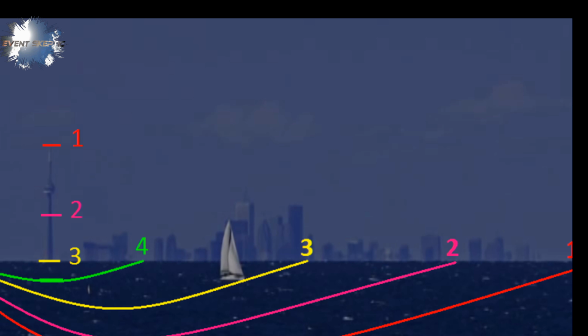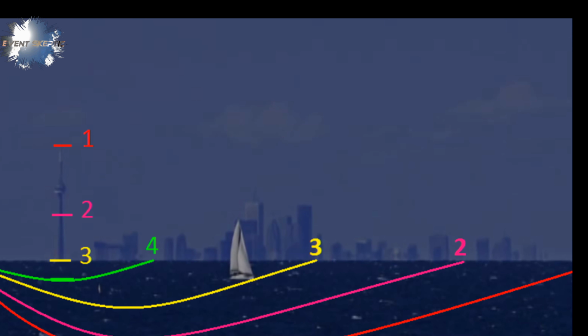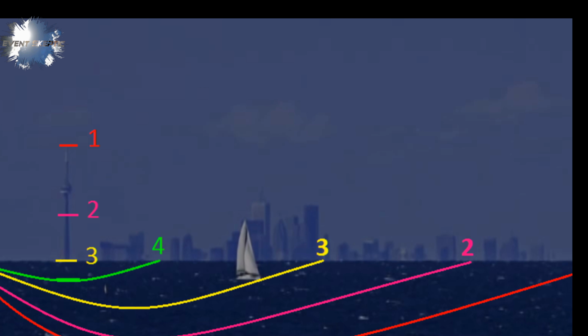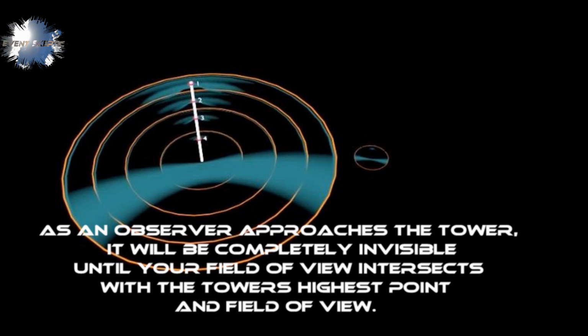This is plain observations that everyone can do. As an observer approaches the tower, it will be completely invisible until your field of view intersects with the tower's highest point and field of view.